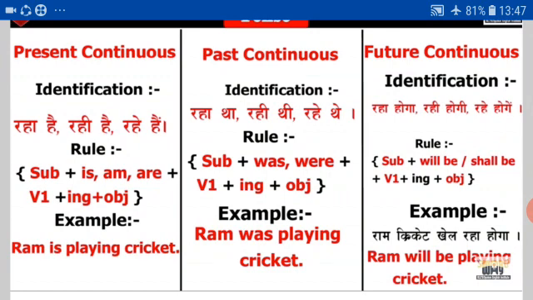If we are using a negative sentence, then we should use Ram will not be playing. If we are making an interrogative sentence, then will or shall will be used at the beginning of the sentence. Will Ram be playing cricket?